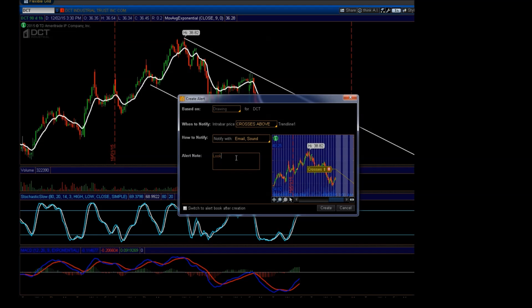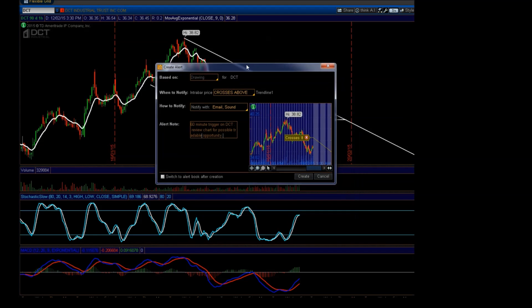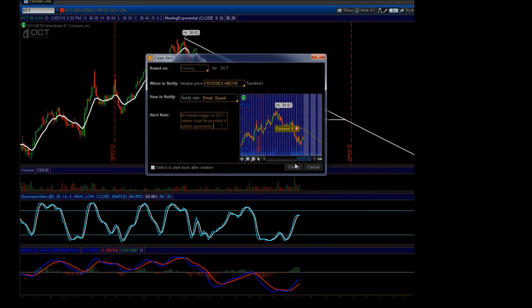I'll say 60-minute trigger. It'll put this note in the email: 60-minute trigger on DCT, and review chart for possible tradable opportunity. Now, I wouldn't normally put all this text in here because I'm aware of what I'm doing, but this is just to highlight what's going on.